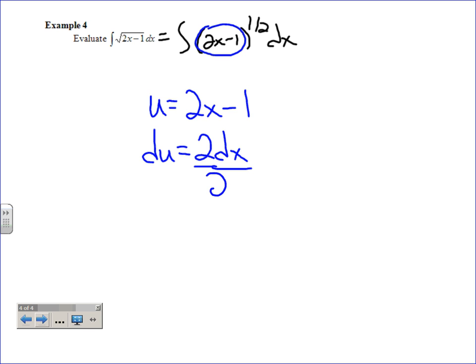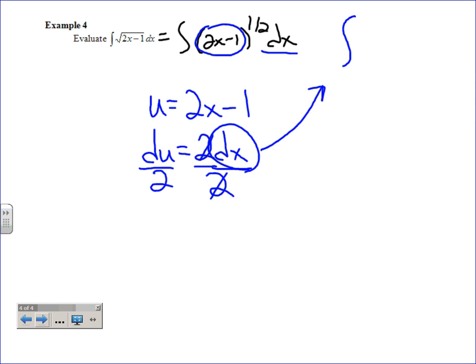Divide by 2. Divide by 2. Okay, because there's the dx I need sitting right here. So everything up there should be substituted for, at least the major stuff. Powers don't necessarily have to be substituted for.